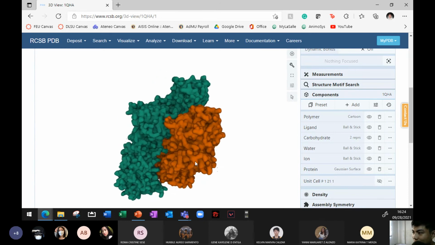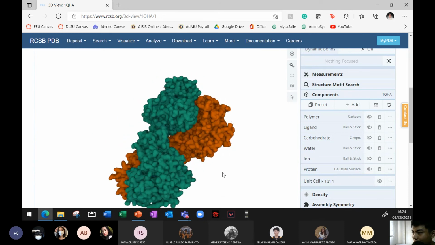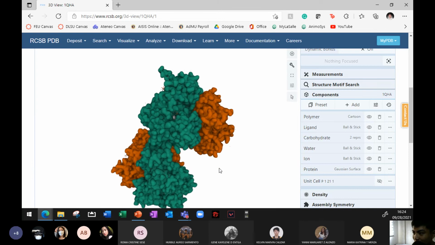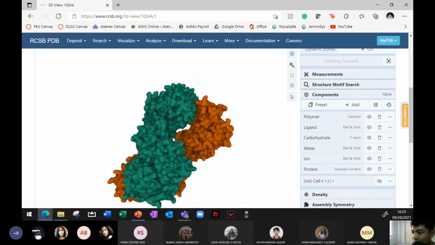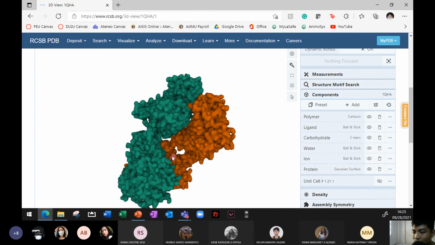Okay, the thing with enzyme is that may nakikita kayong portion na empty, especially this region here. So next meeting, ito yung discuss natin, enzymes. Okay. So this region here is called the active site. And the active site is the position where the substrates can enter.